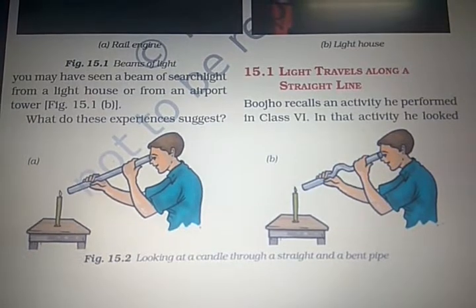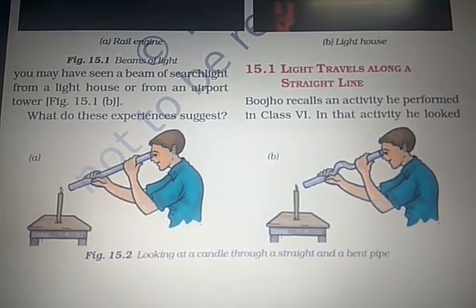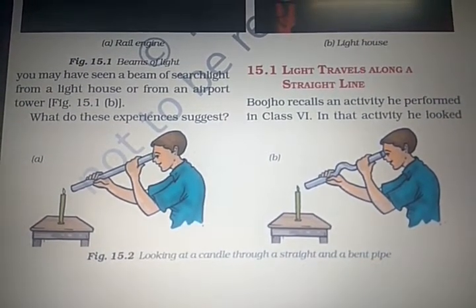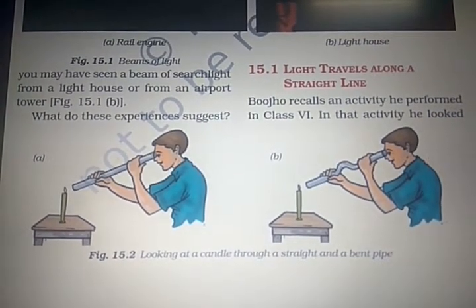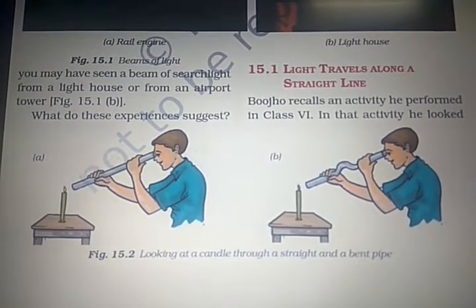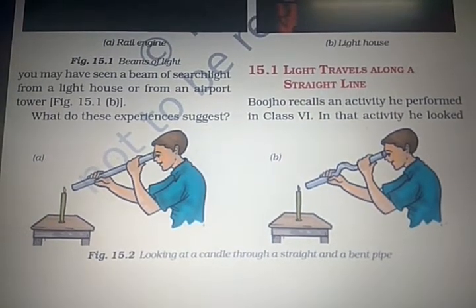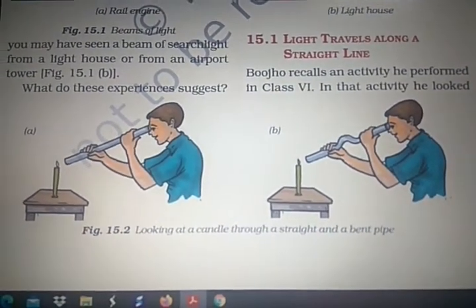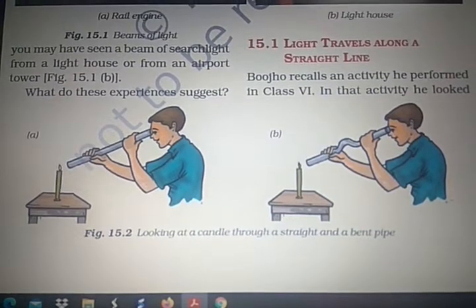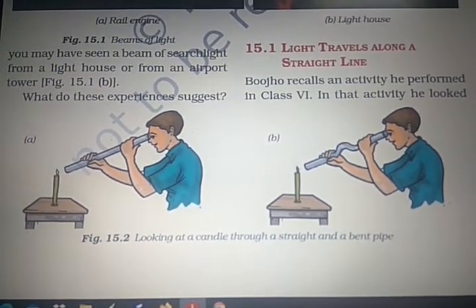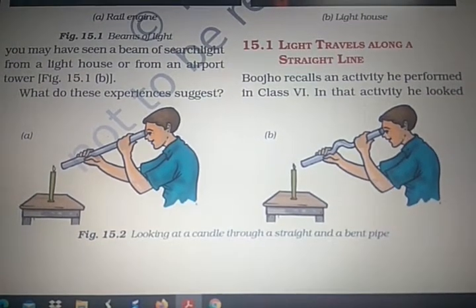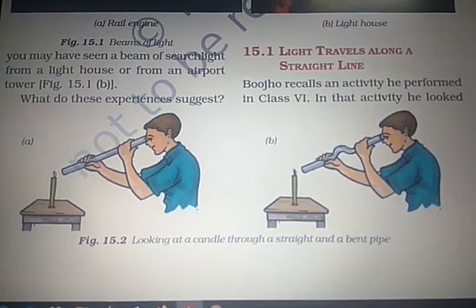From that, they cannot see the image of the candle. It means that light travels in a straight path only. That is why we can see through the straight pipe, but when the pipe is bent, we cannot see the image of that candle.